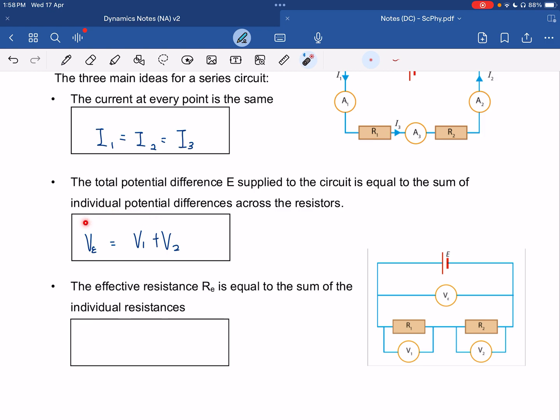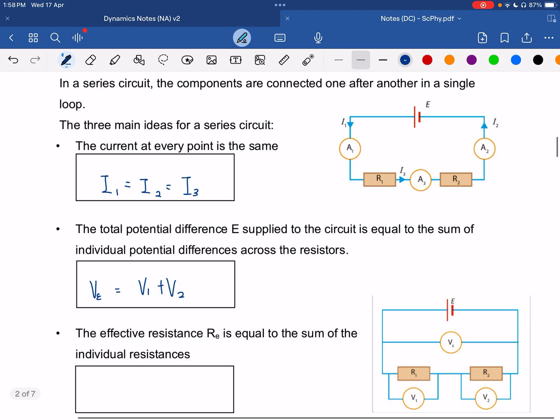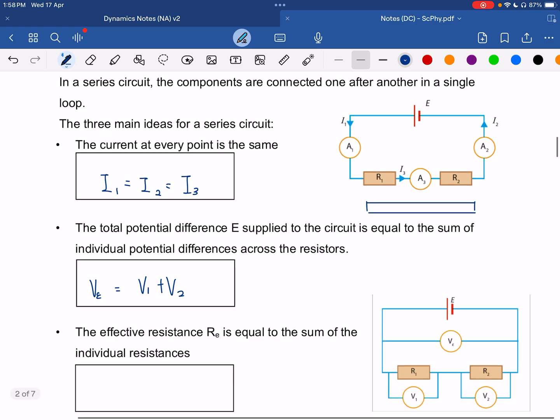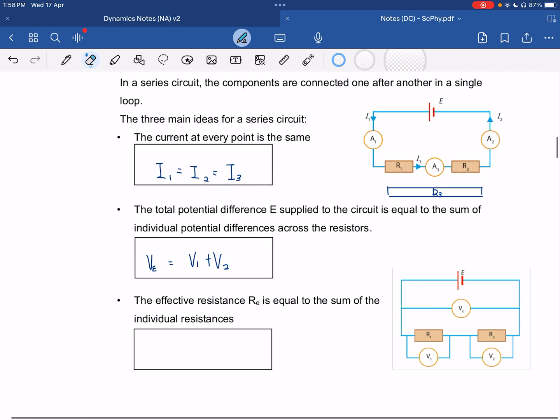Now because of this, you will be able to calculate the effective resistance of these two. This is like the resultant resistance. So it's the same as if I have one entire block of resistor, or rather the total resistance.